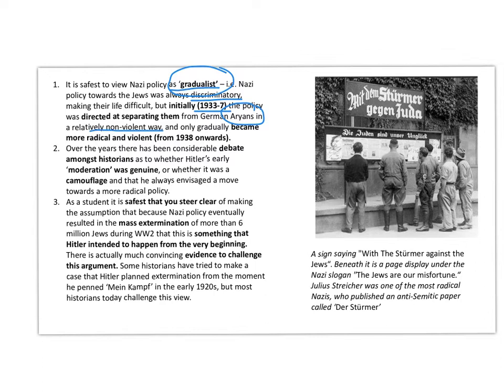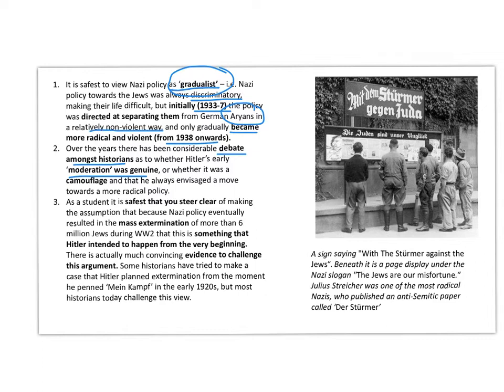And it was only gradually, particularly from 1938 onwards, that we start to see the beginning of violence towards German Jews that, of course, culminated in the ultimate violence of World War II in the occupied East, which, of course, was the mass murder and, in particular, the Holocaust, the gassing of Jews from 1942 onwards.